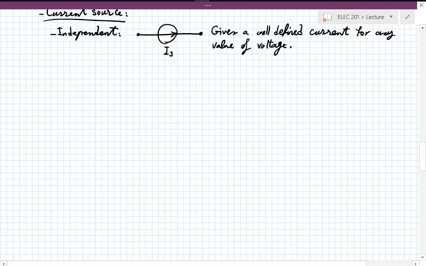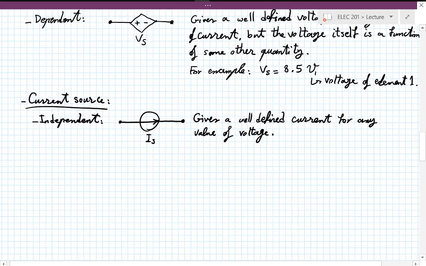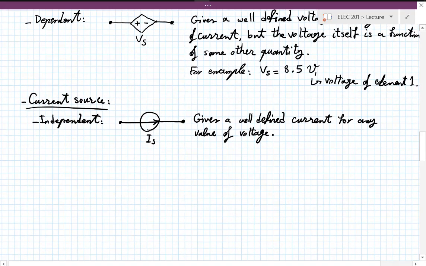With the same caveat that there are practical limits, of course. You can't expect a small current source to be able to withstand a 20 megavolt voltage across it. A dependent current source is the same thing, except that the value of the current is controlled by either a voltage or a current somewhere else in the circuit.